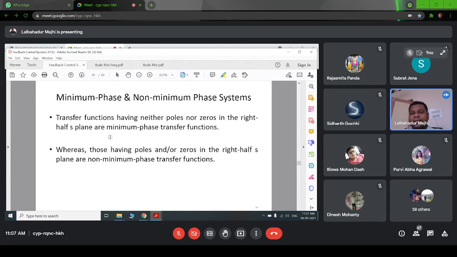Similarly, the transfer functions having poles and or zeros in the right half of the S-plane are known as non-minimum phase systems, or non-minimum phase transfer functions. So if there is no pole or zero in the right hand side, then it will be a minimum phase system. And if any pole or zero is in the right half of the S-plane, then it will be a non-minimum phase transfer function.